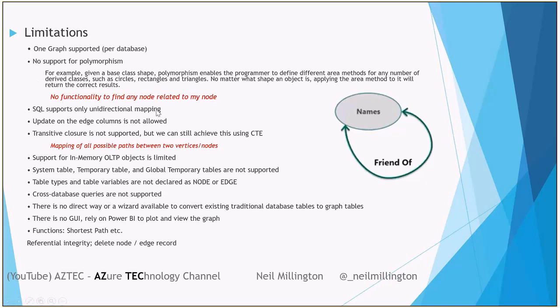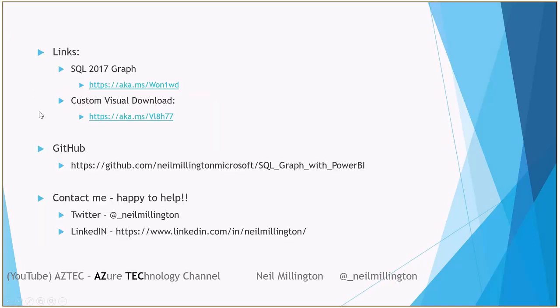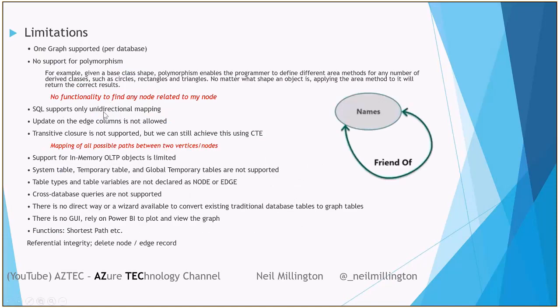Contextually, that means SQL only supports unidirectional mapping, so you can only map from one node via a relationship to another node. Similarly, update on edge columns is not allowed. If you want to update your edges, the only way is to remove that edge record and reinsert it.